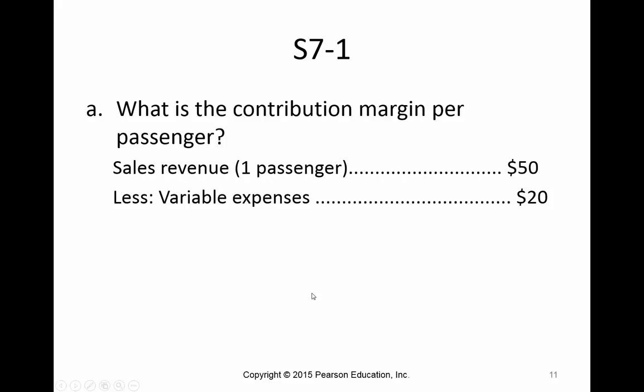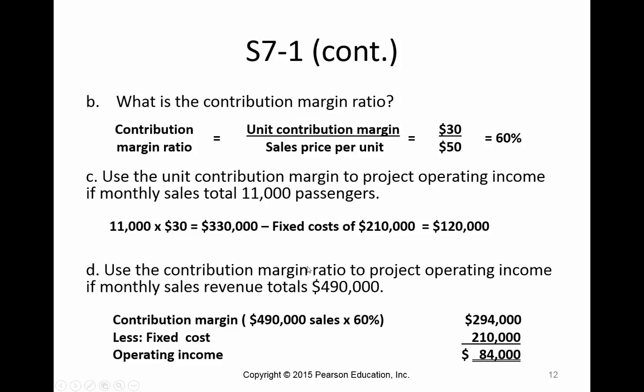We know our variable expenses, so it's very easy to calculate our contribution margin. And contribution margin, again, is what is left over after deducting our variable expenses to cover our fixed expenses and to make a profit. Okay, so calculating the contribution margin ratio, which we can also utilize to help us determine what's left over to cover those items I just mentioned, your fixed costs, and to make a profit.